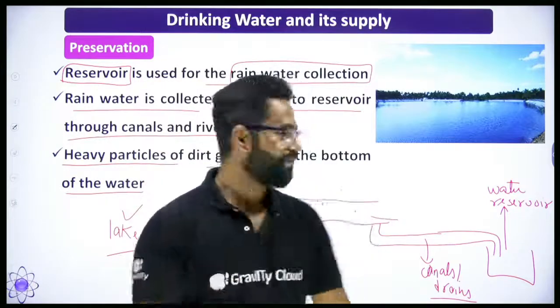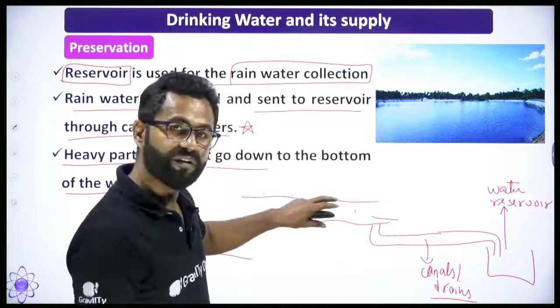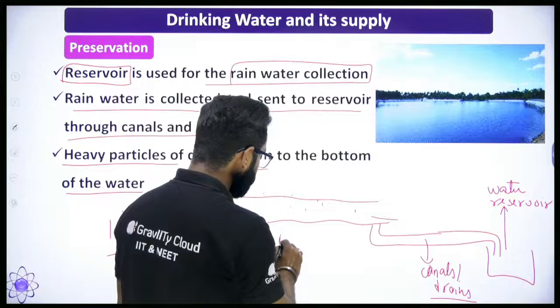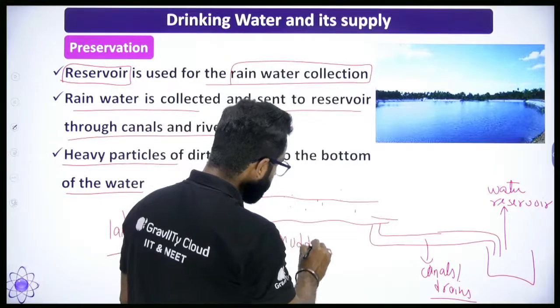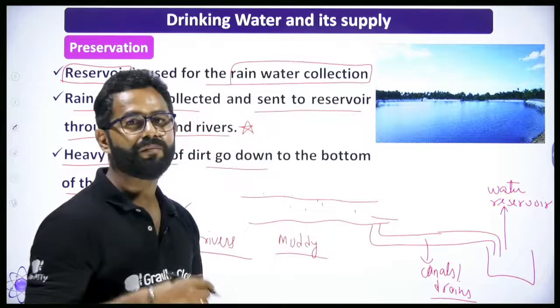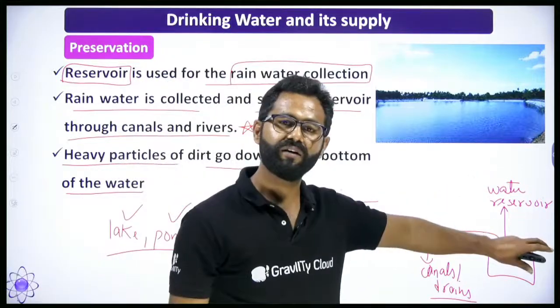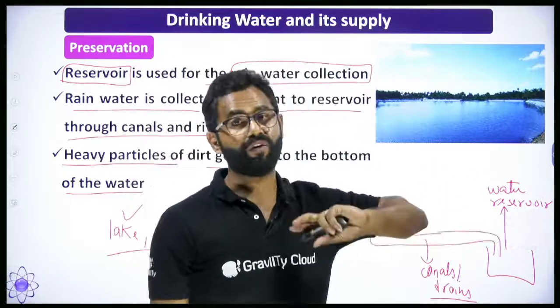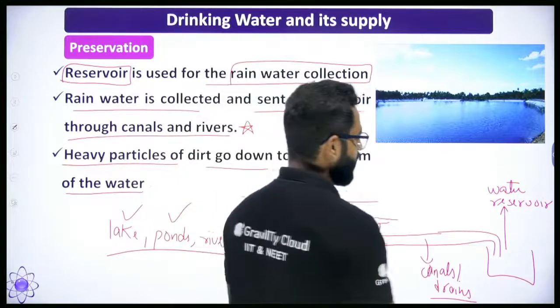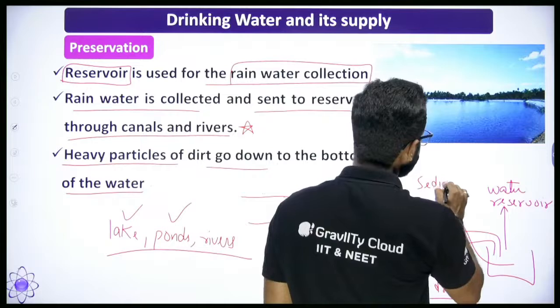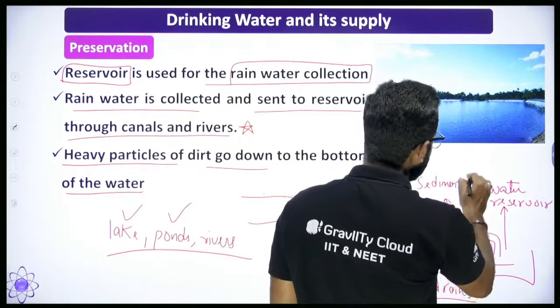So what happens when this water comes in the rivers? The river water is usually muddy, M-U-D-D-Y, which means the water contains mud particles. This water will be stored in the reservoir, right? In the reservoir, sedimentation will take place.